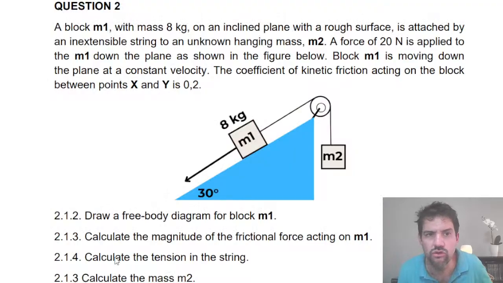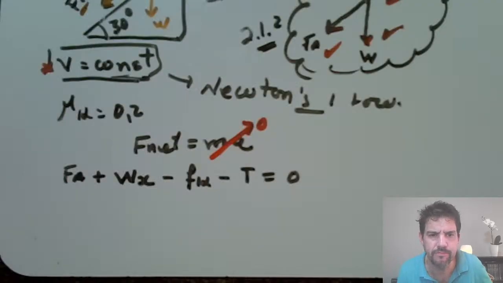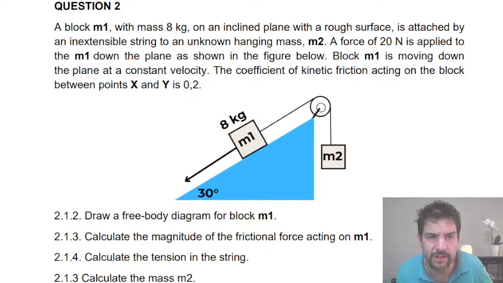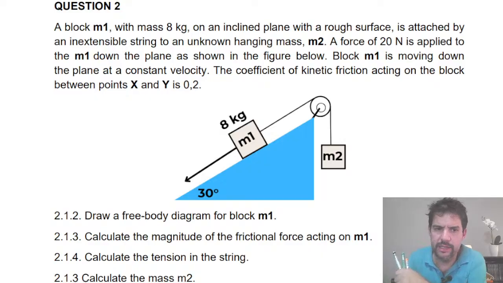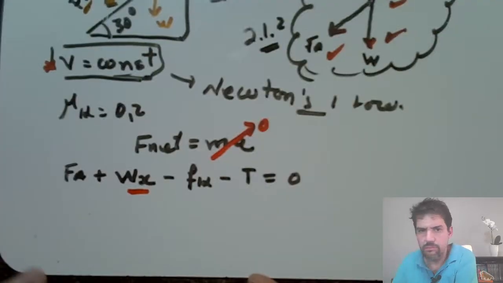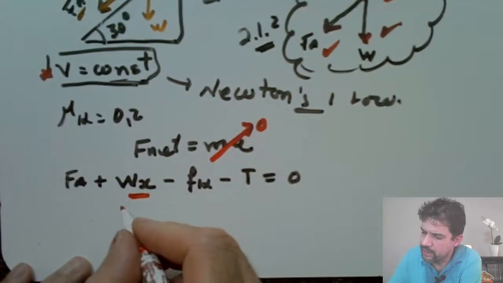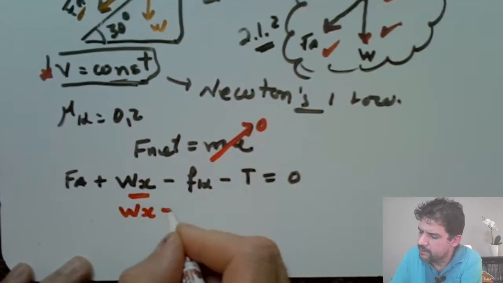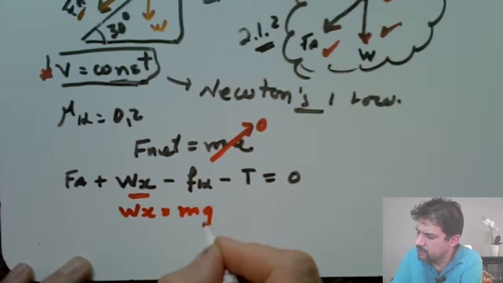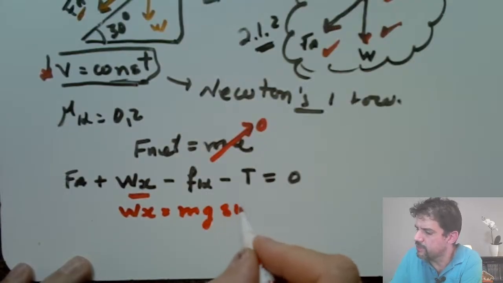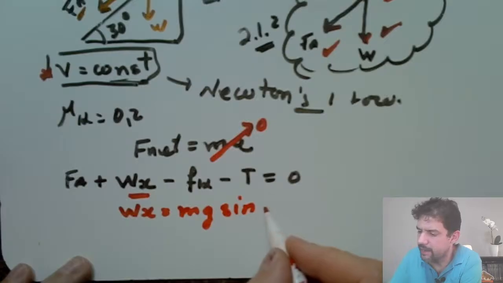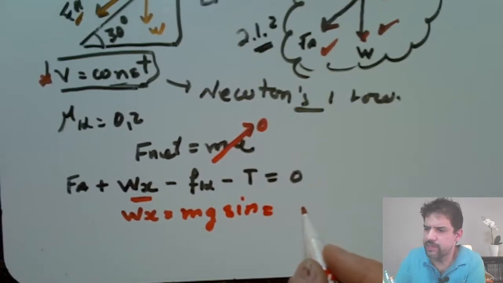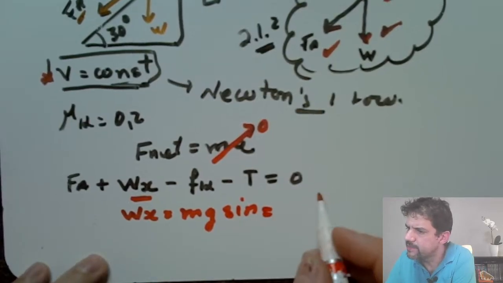However, we do not have the horizontal component of the weight. We can calculate it. I did write the formula on the previous board. So W in x is equal to mg multiplied by sine of theta, because it's opposite to the angle. The mass was 8, I believe.